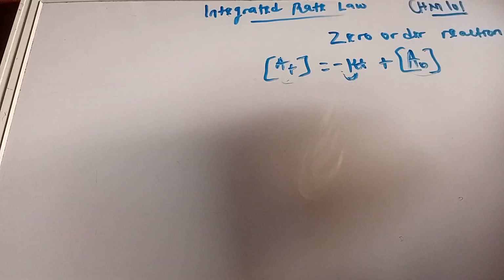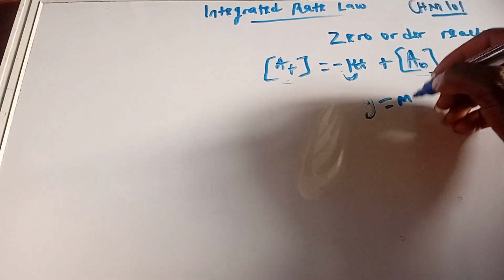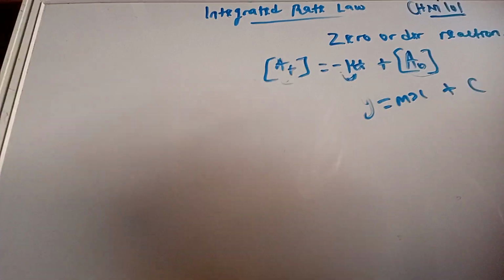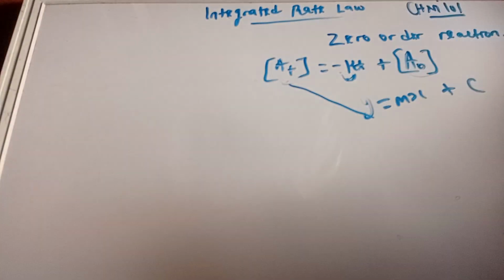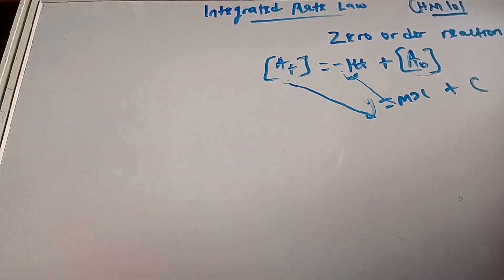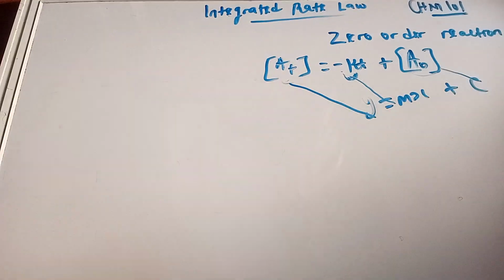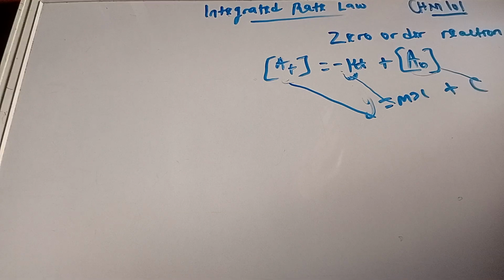Now we can liken this to the normal equation of a straight line that we know, y equals mx plus c. So we can liken [A]t as y, minus k as m, and [A]0 as c.